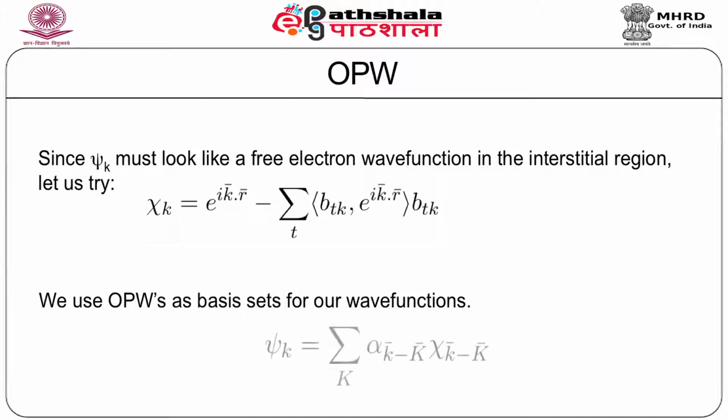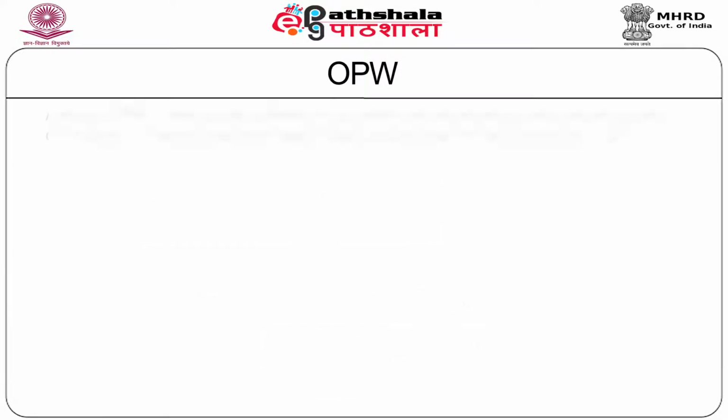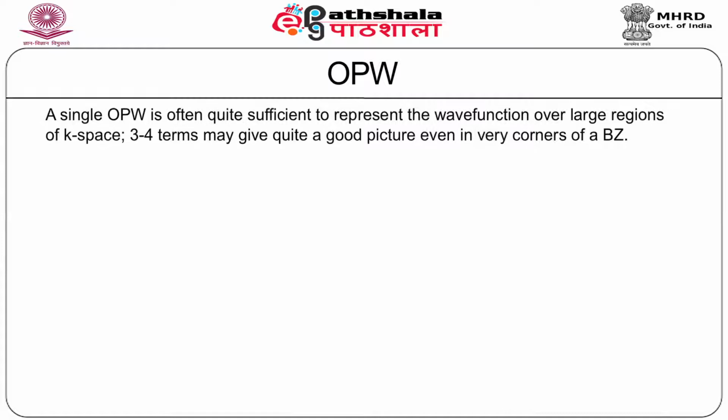So we have this psi k given by a summation over capital K, where capital K is the reciprocal lattice vector, of alpha times chi. We use the variational principle to minimize the energy and determine the coefficients alpha. The procedure converges with surprising rapidity in some cases.